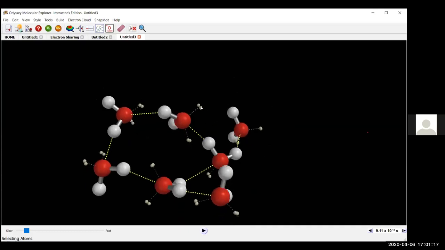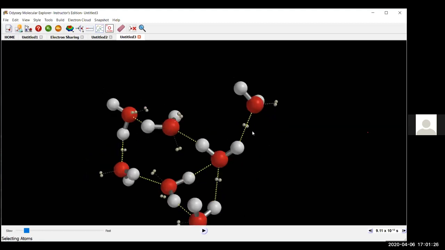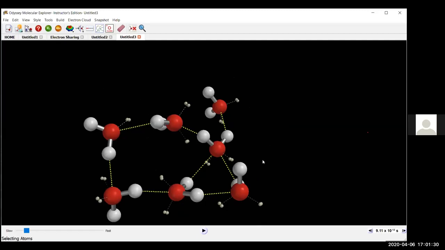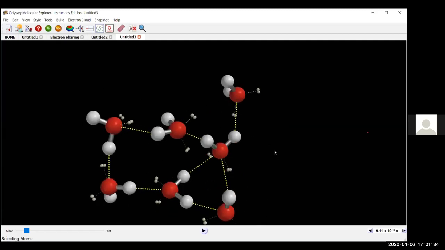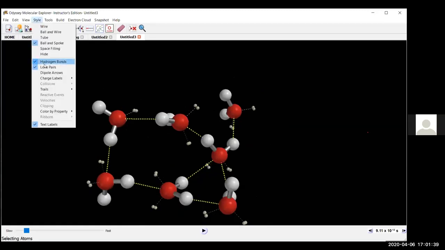It doesn't mean that lone pairs are two little spheres floating around in space. It's something to indicate where the lone pair positions are in the molecule. And we included this because of great demand by instructors. So even though it's a very, very cartoonish representation. I'll turn this back off.